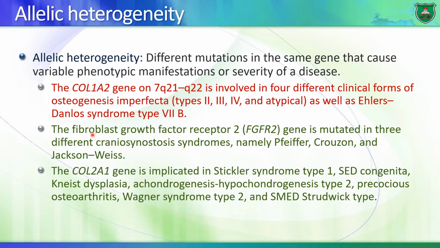You might want to memorize the fibroblast growth factor receptor 2 related to allelic heterogeneity, but not necessarily the syndromes themselves. And there's another collagen gene that can also cause different types of disorders with different names and different phenotypes.